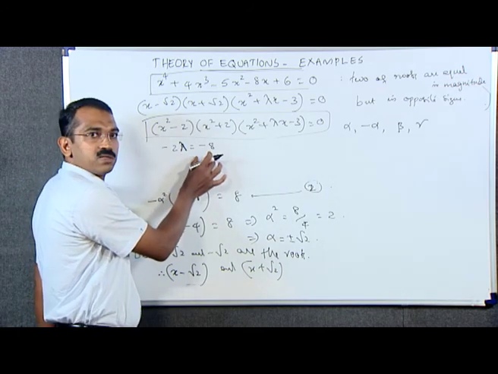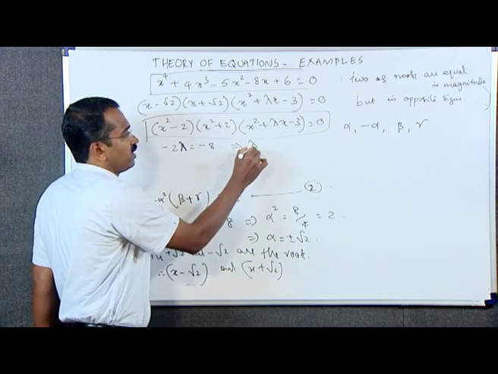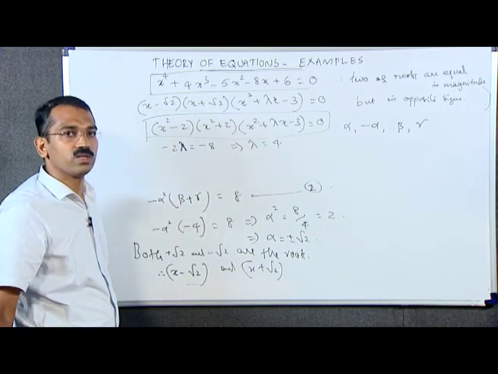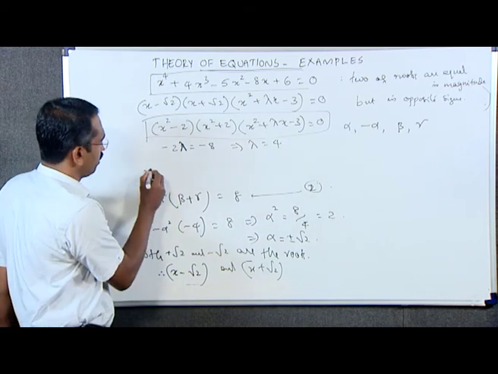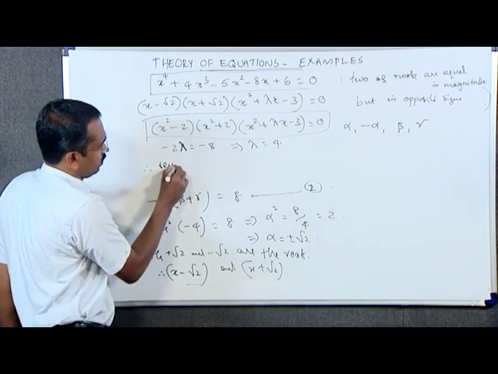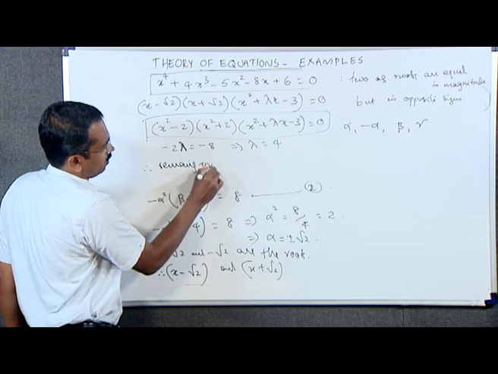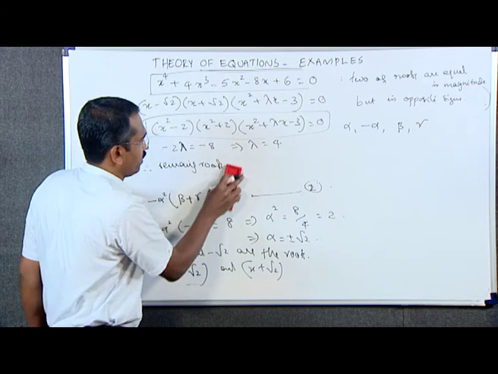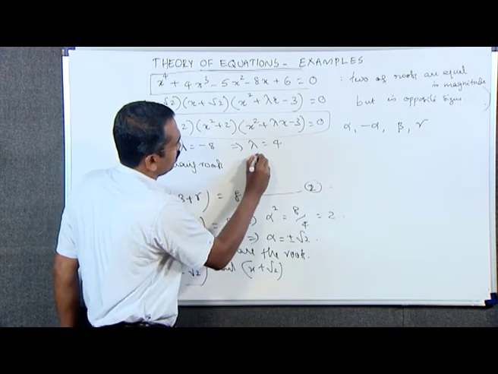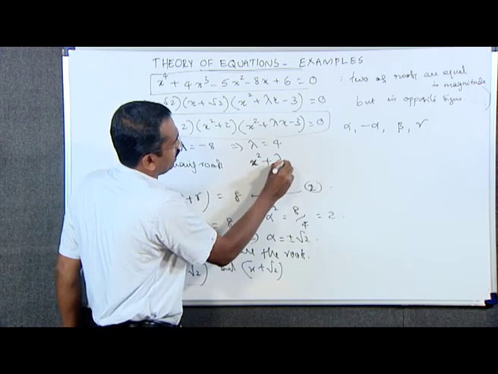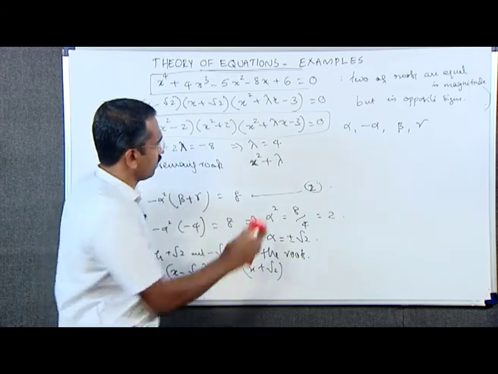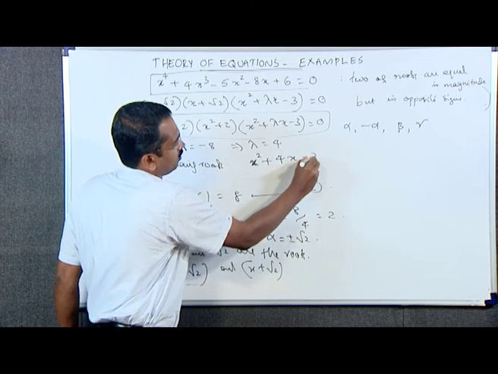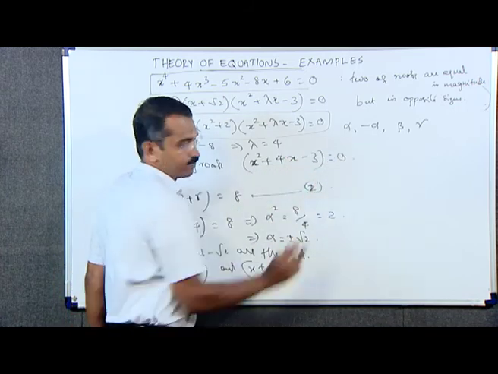Minus 2 lambda is equal to minus 8 means lambda is equal to 4. Therefore, the remaining two roots are given by the equation x square plus lambda x minus 3 is equal to 0, that is x square plus 4x minus 3 is equal to 0.